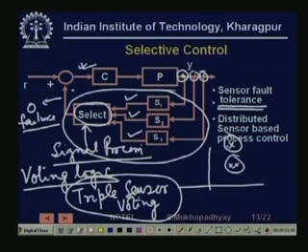So in such situations you can use sensor selective control. There are even other situations where you can do median filtering, that is, you can reject outliers. If suddenly one sensor gets a big piece of noise, then if you always choose the middle value, you can reject noise better.